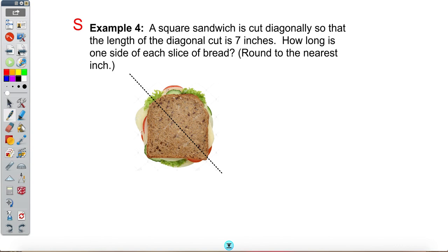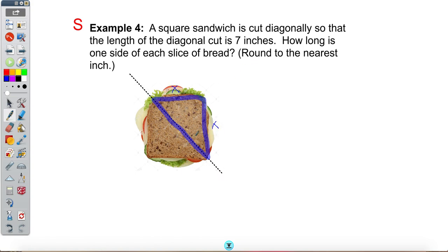All right, for this one, if you haven't paused yet, go ahead and pause it and try it. All right, so we have this triangle right here, and what we are trying to figure out is this part right here.